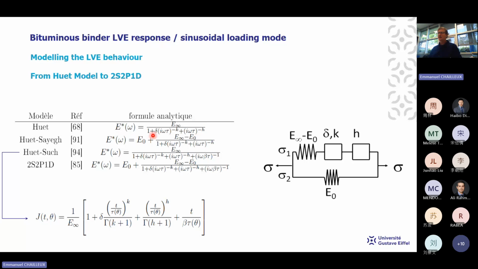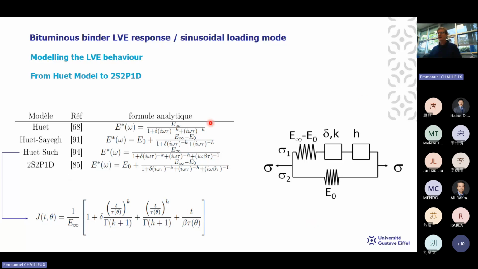And this model, using this non-linear dashpot, is very useful to model the linear viscoelastic properties of bitumen, but also of mixtures. They have been developed a lot here in France, at the Gustave Eiffel University, but also at the ENTPE school by Hervé Di Benedetto and team.